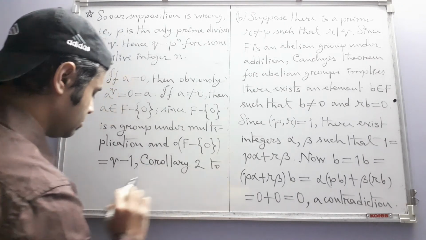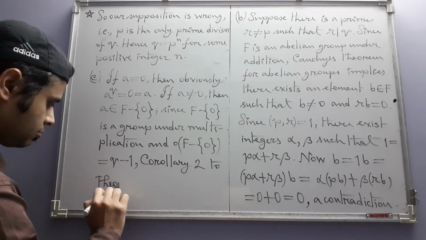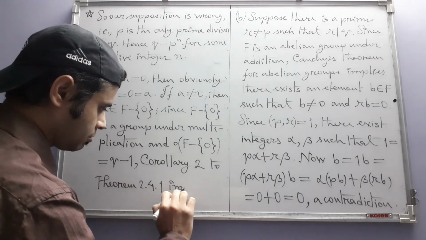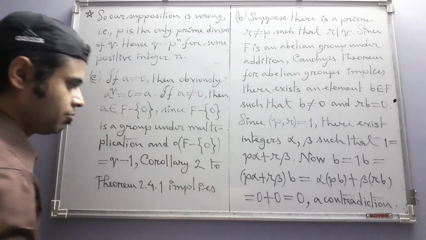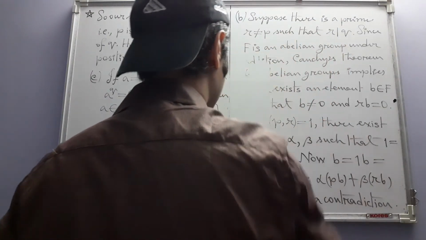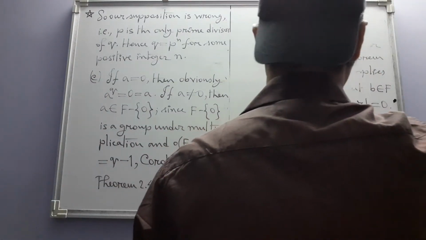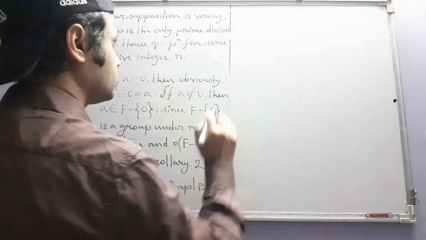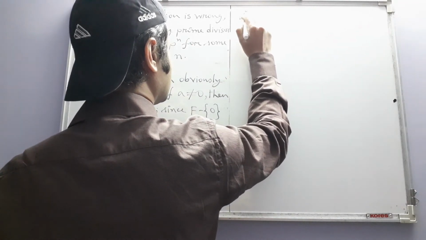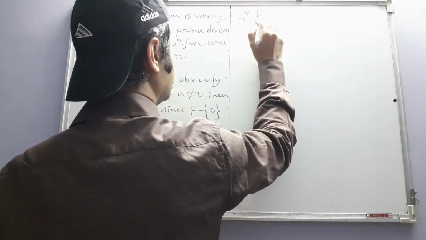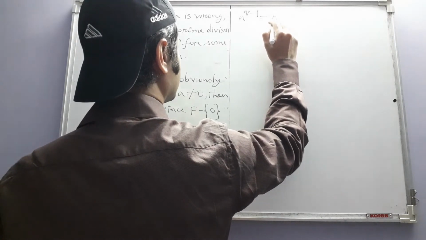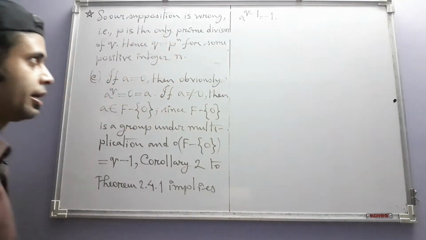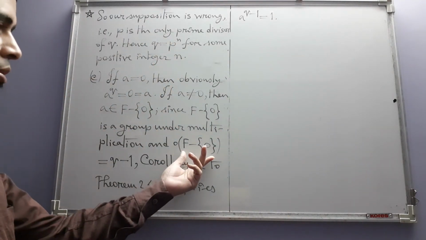Corollary to the theorem 241 implies a to the power q minus 1 is equal to the identity element in this group.